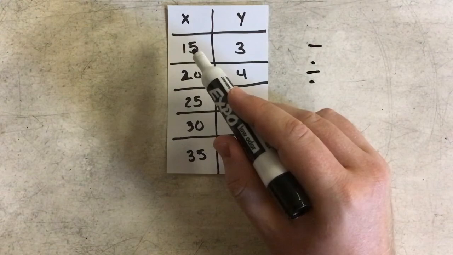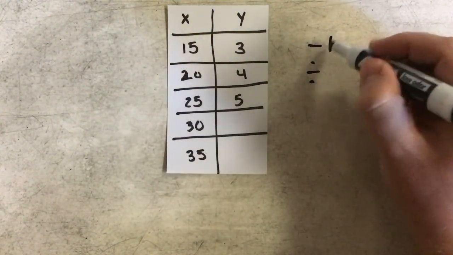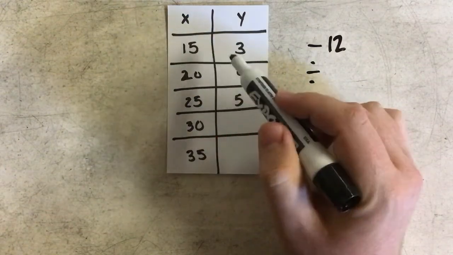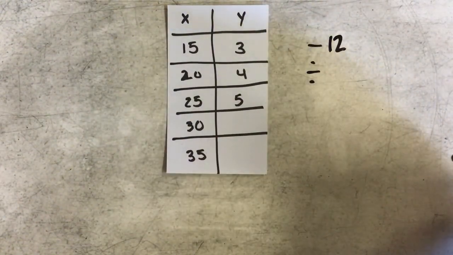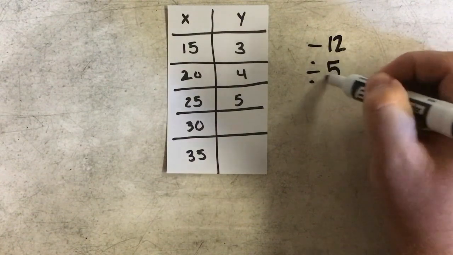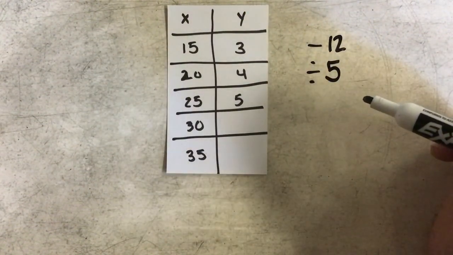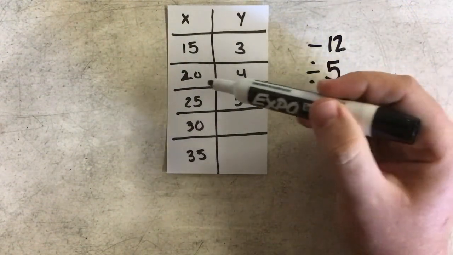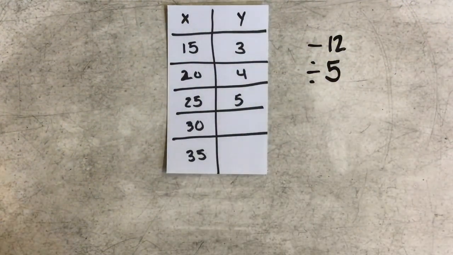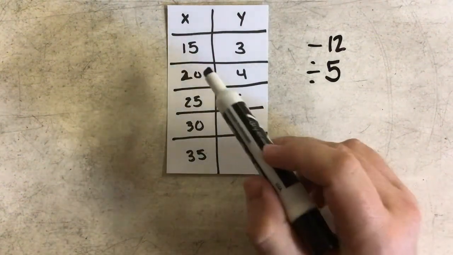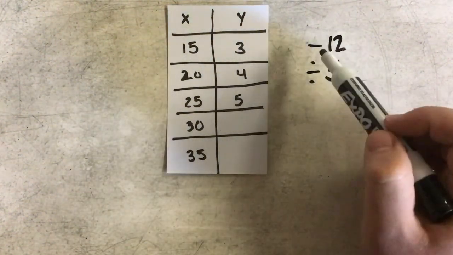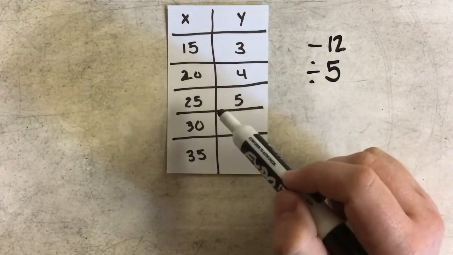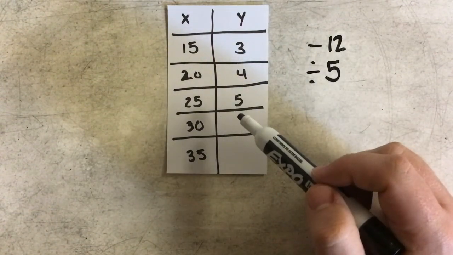In this case, I could subtract 12 to get from 15 to 3, but I could also divide 15 by something that would give me 3. 15 divided by 5 gives me 3 as well. So now I'm going to check these two rules against my other given numbers to see which rule will actually apply. Well, 20 minus 12 does not give me 4. And 25 minus 12 does not give me 5.